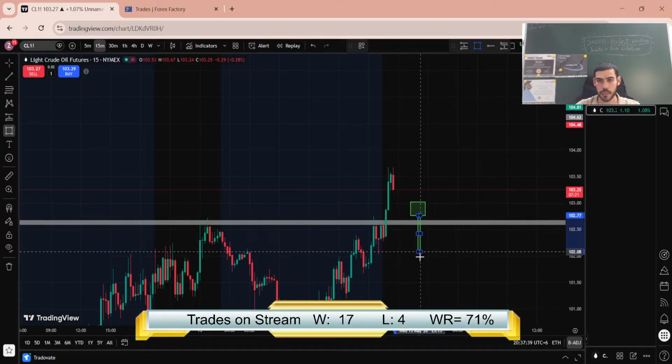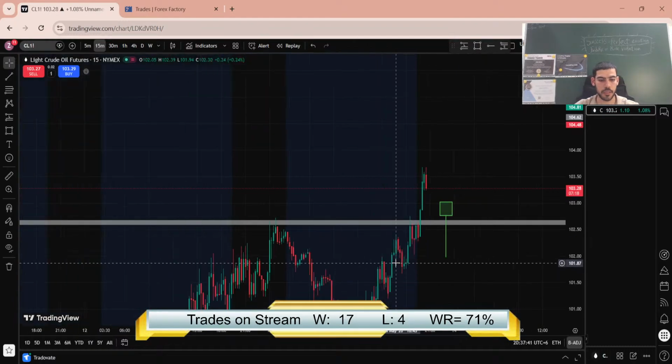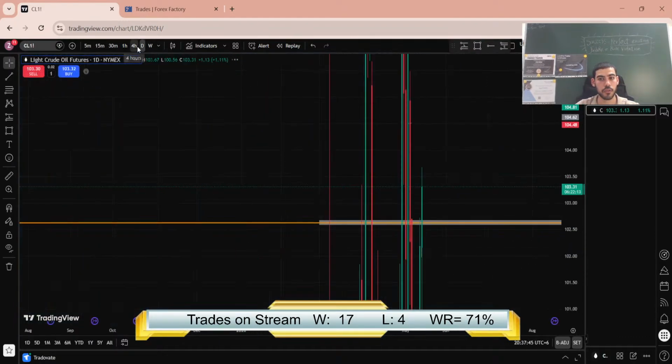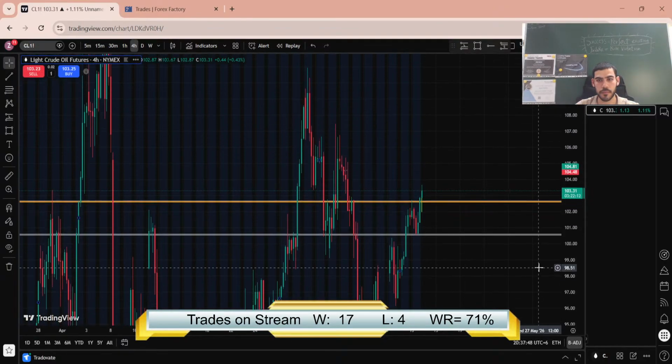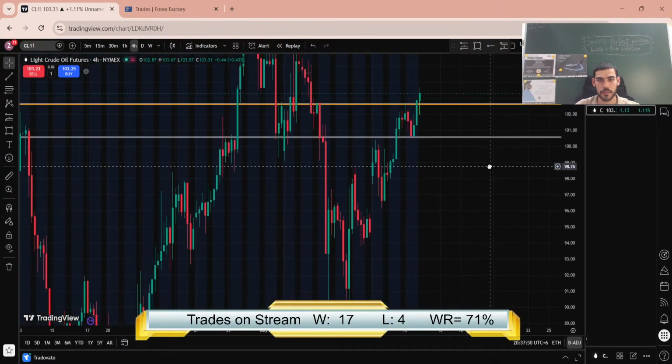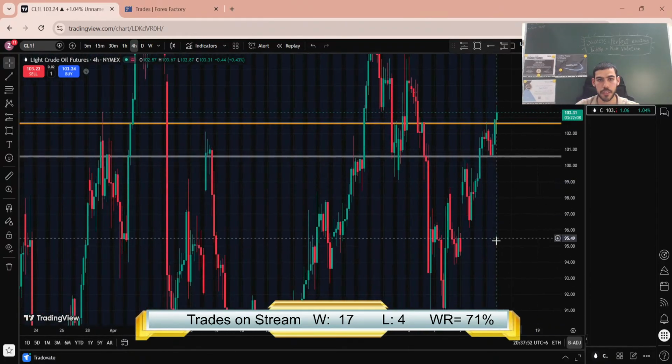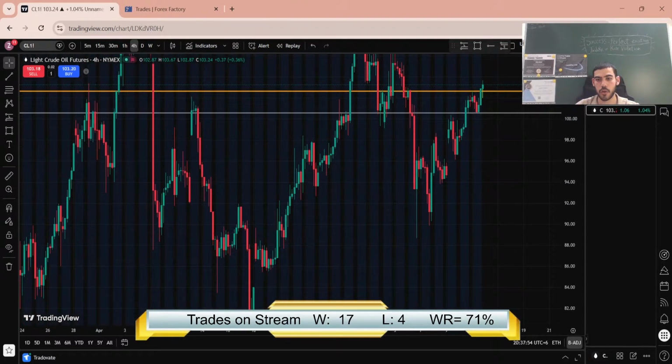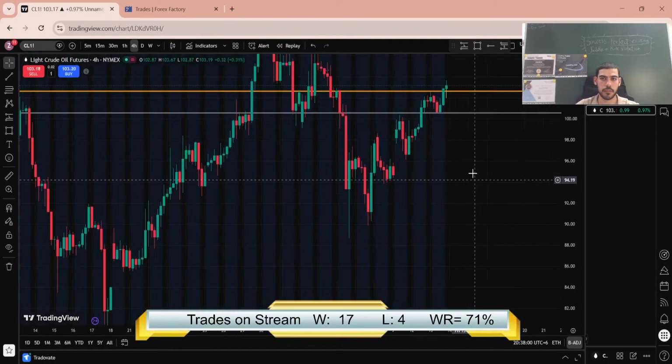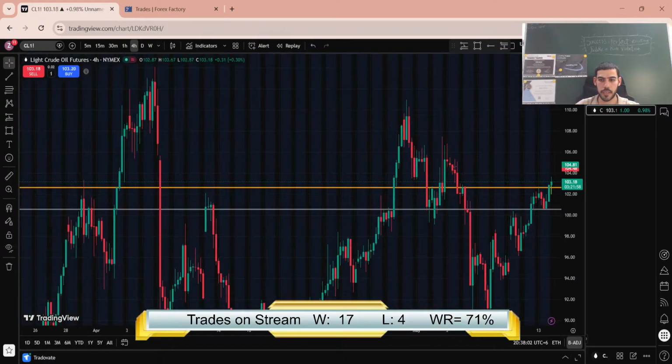Yep, something like this exactly would be perfect to continue with the buys. Oh wow, a very strong uptrend you can see here on oil. We have a very strong uptrend which is more likely to continue moving to the upside. So yeah, I believe there is a good chance that we can take that.